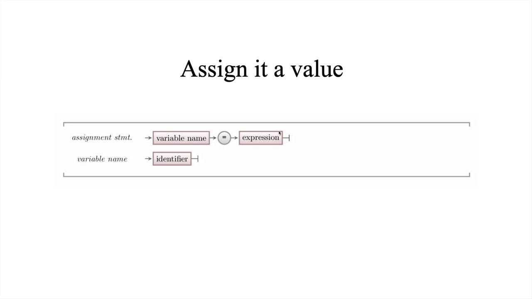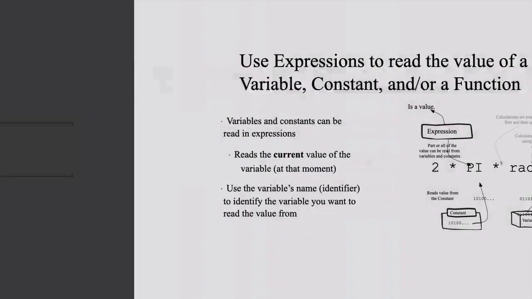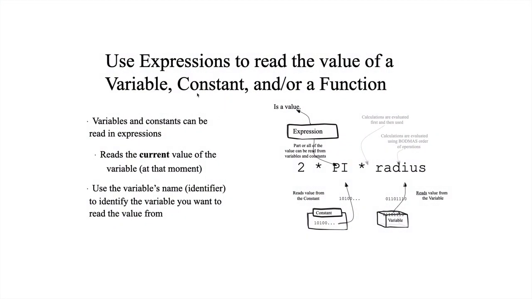Assigning a value is pretty simple. Create a variable, an equal sign, and an expression. Using expressions, you can read the value of a variable or constant or from a function. Variables and constants can be read in expressions. For example, when you define an expression, you have 2 multiplied by pi multiplied by radius.